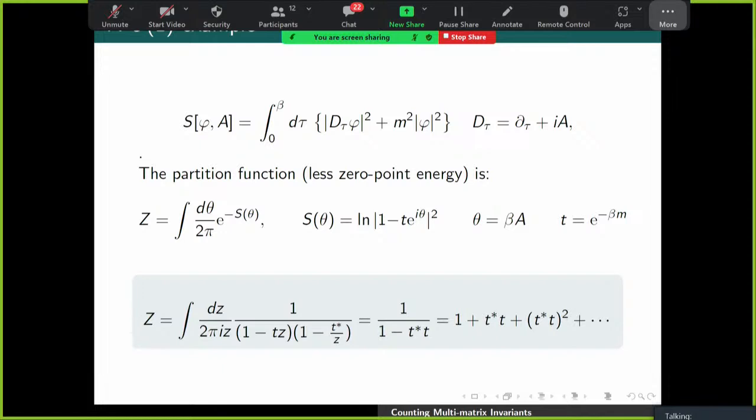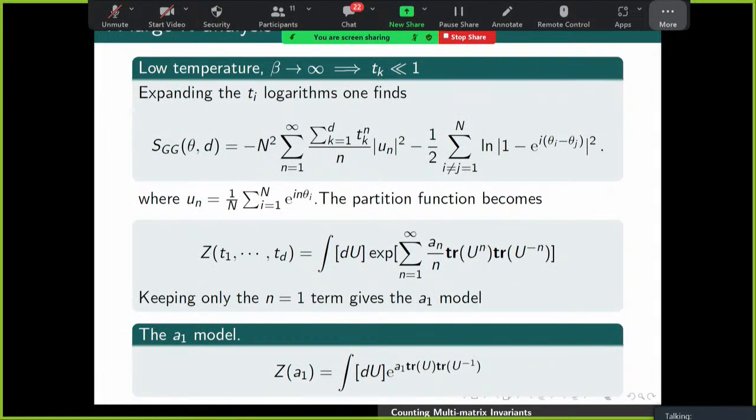Then the partition function is given by what I've derived earlier, and one can write it down as Z being this quantity, and you see that the invariants are just expanded in terms of t and t star. And that's just another way of looking at it. Okay.